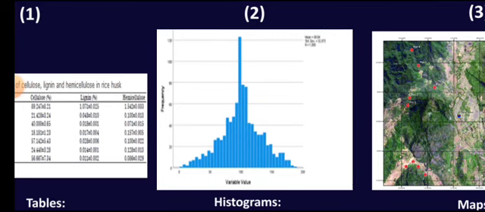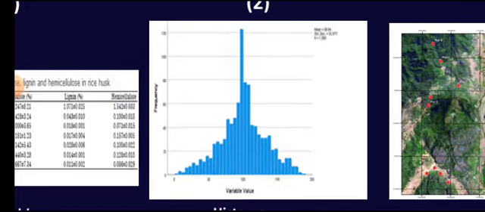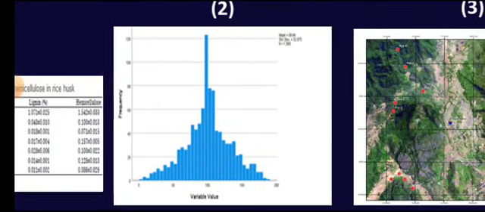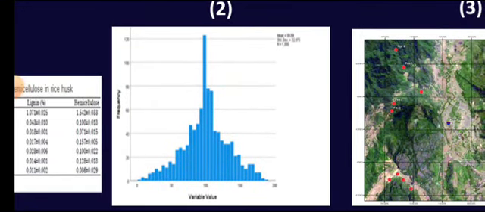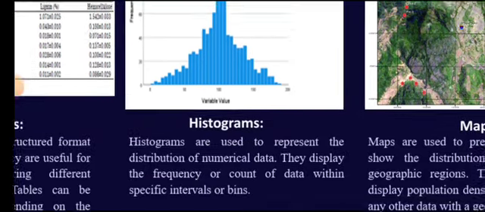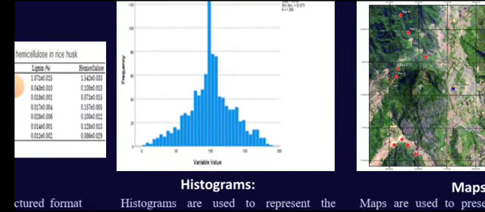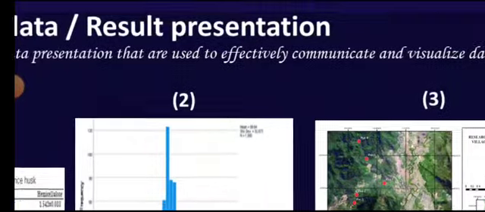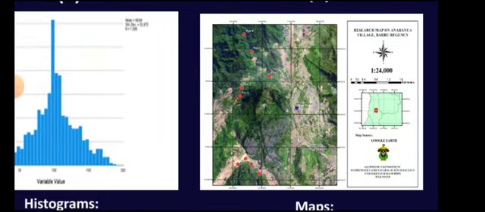The bars are joined together. Okay, when you look at the frequency and the variable values, you can see a distribution. Are we following? Yeah. So the distribution can be seen with a histogram. So we can present our data in form of a histogram.